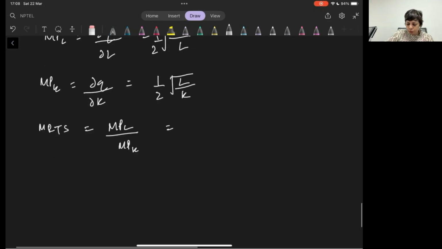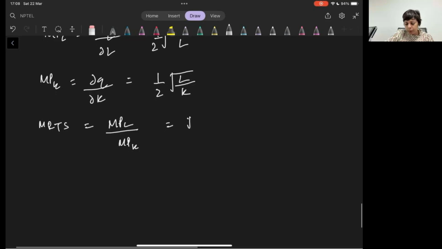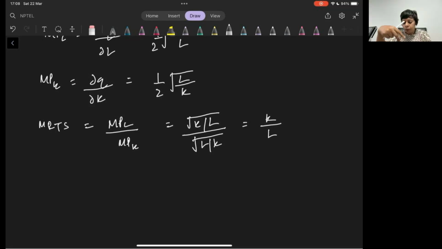MPL is root K by L, and this is root L by K. So this becomes K upon L. We just readjust the numerators and denominators. Root L into root L is just L. Similarly, root K into root K is just K. So you get MRTS is equal to K by L.